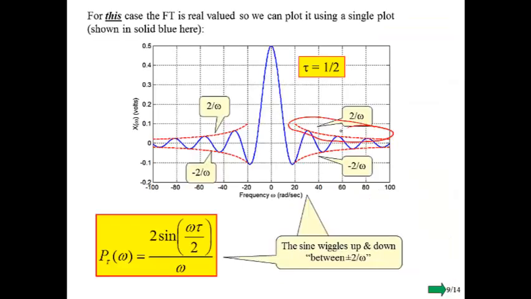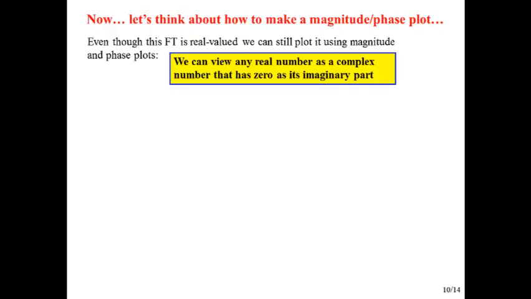Here's the envelope of 2 over omega. Here's -2 over omega. Because the sine is going between plus or minus 1, it's going to go between plus or minus 2 over omega. Those boundaries show where the function will be bounded, and that's the effect of the omega in the denominator causing that sine wave to decay like that. So this is what this function looks like, and let's continue on here.